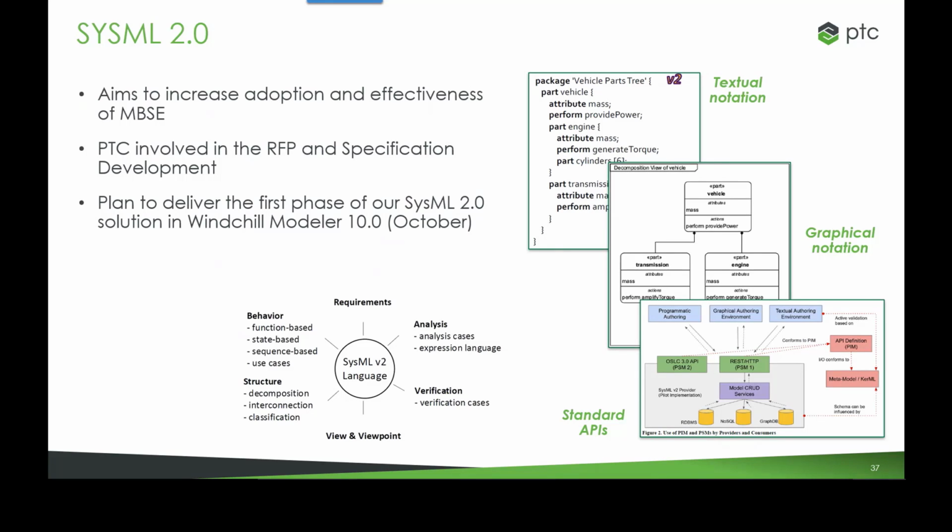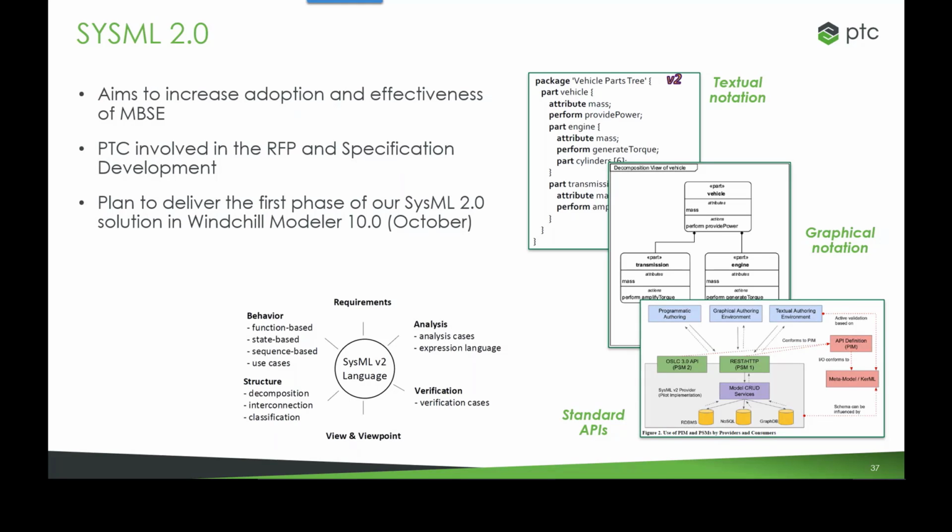It provides standard APIs, so it should be easier to share information as well, and you'll see that OSLC is part of that. REST and OSLC web services expose SysML 2 data. And there's a textual notation up at the top there, which is essentially some code that you can use to generate and define the model.